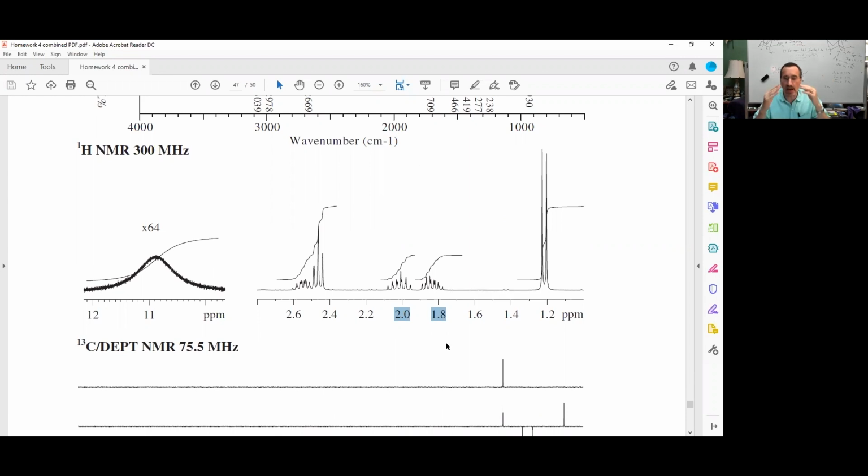Seeing how they look like they go together, they're tenting inwards, they're one hydrogen apiece, they're separated by a couple of tenths of a ppm. To me, that pair just screamed stereocenter, or at least whispered it in my ear really strongly. And so I was thinking that that was a methylene next to a stereocenter. Might be something else, but it sure was looking like that to me. So that was one other tool I used when I read this spectrum, in addition to recognizing that there was a methyl group next to a methine.